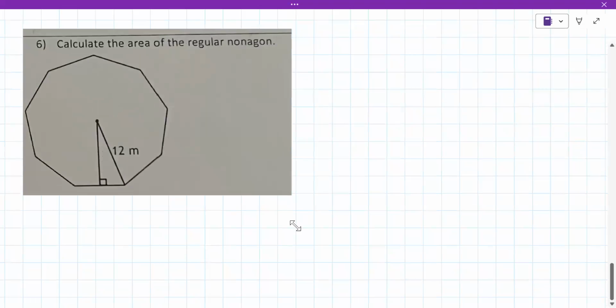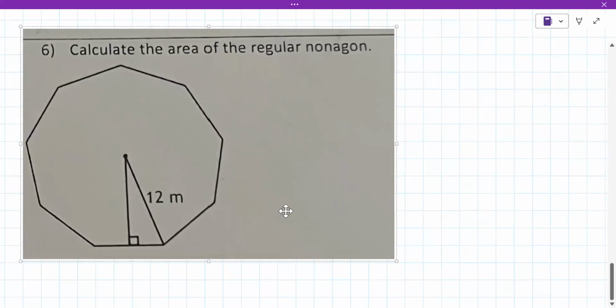All right, calculate the area of a regular nonagon. Regular nonagon. So the nonagon is 9-sided. That's kind of important. We'll get to that. We can do this a couple of ways.